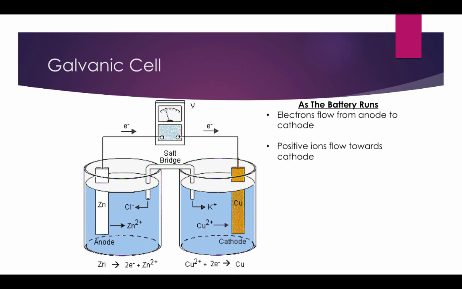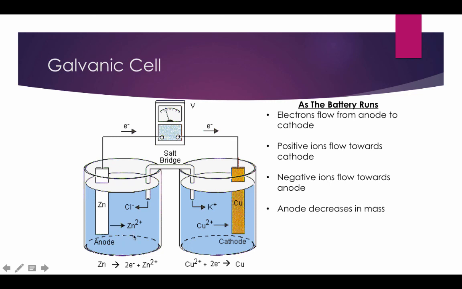Likewise, as we said in the previous slide, positive ions will flow towards the cathode through the salt bridge, and negative ions will flow towards the anode through the salt bridge to minimize the buildup of charge. Another interesting thing to consider is what happens to the mass of each electrode as the battery runs. Recall that as zinc gets oxidized, the zinc atoms become zinc ions, which leave the electrode.